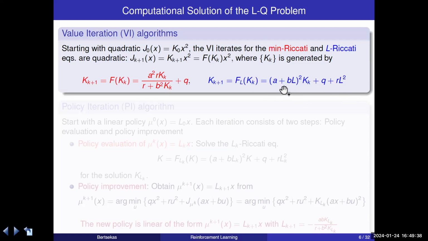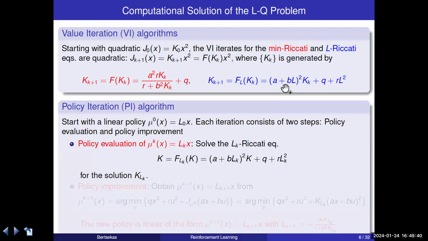So that's the method. And the alternative is the policy iteration algorithm, where instead of iterating on cost functions, we iterate on policies. We start with a linear policy, L0 coefficient, and every iteration consists of 2 steps. Policy evaluation, find the cost function of this policy, and then policy improvement.